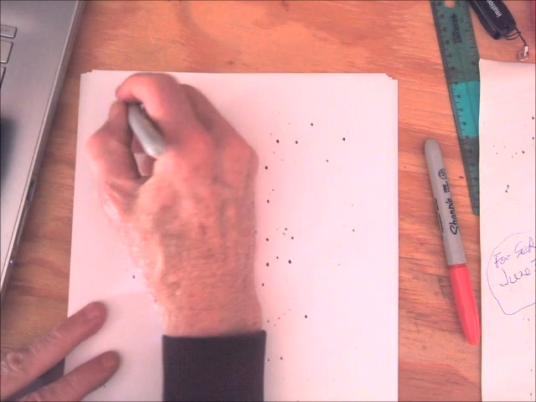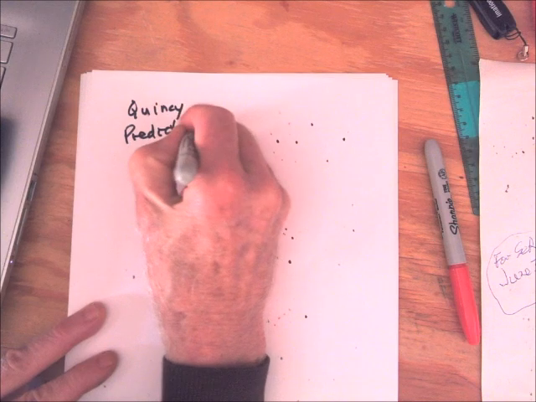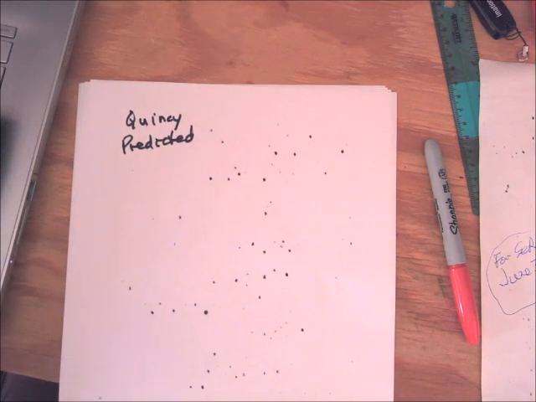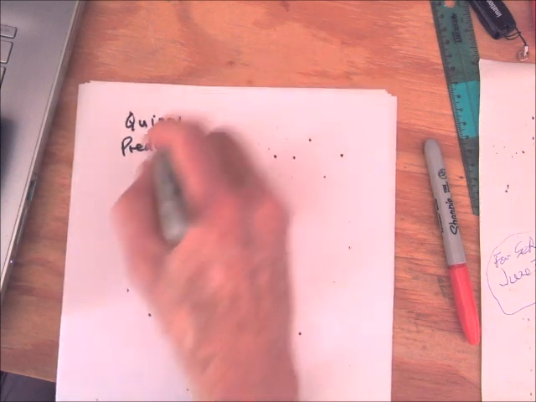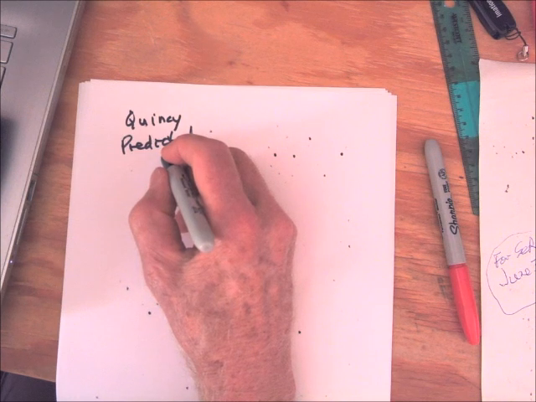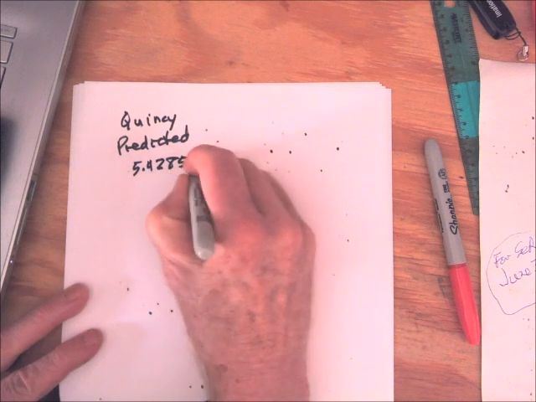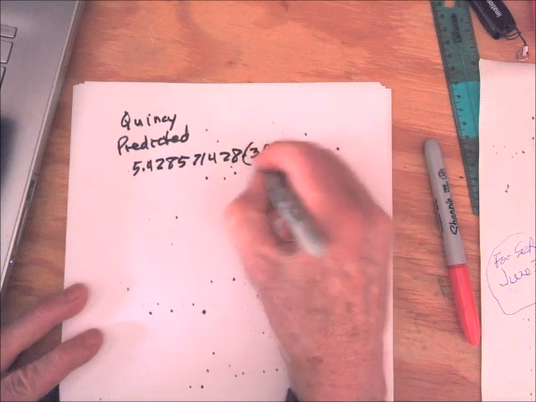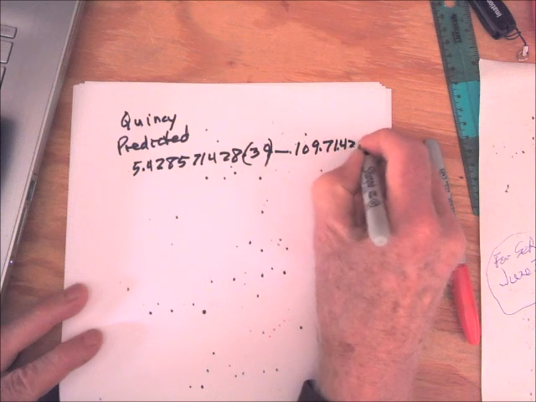Quincy's gestation was 39. So it's going to be 5.428571428 times 39 minus 109.7142857.